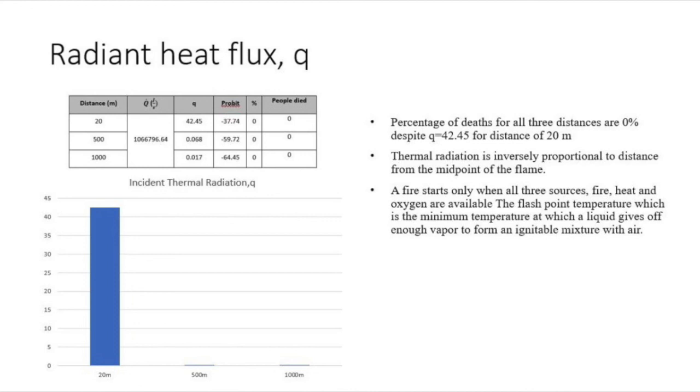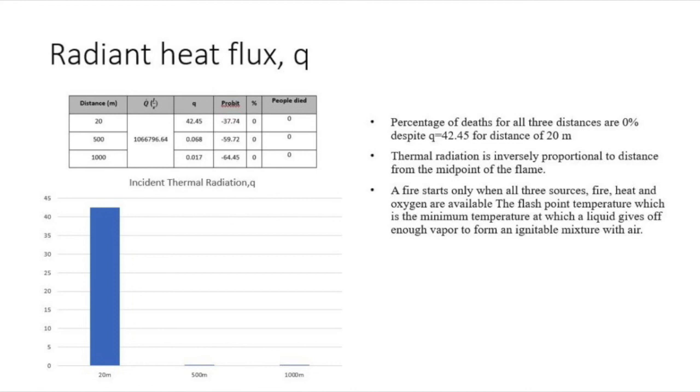We used a distance of 20 meters, 500 meters and 1000 meters, and from this we can deduce that the highest Q value, which is the highest incident thermal radiation, is at 20 meters, and for 500 meters and 1000 meters they are very low. However, for all 3 distances, even with high Q value for the distance of 20 meters, there was 0% of fatalities.